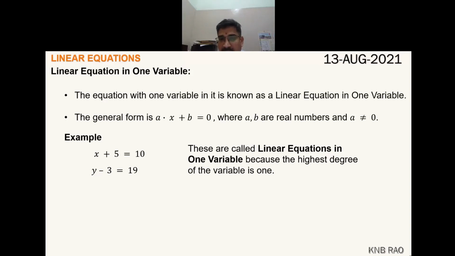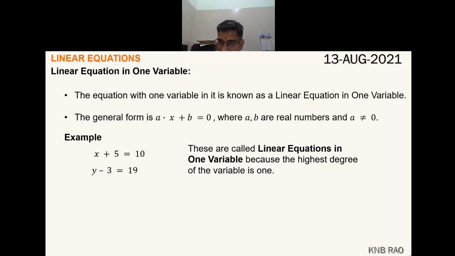The same thing which I gave you as the definition is reflected here. Because it's a linear equation in one variable, it has one and only one variable. So it is sufficient to say the highest degree of the variable is 1, meaning at the most the degree of the variable reaches 1.